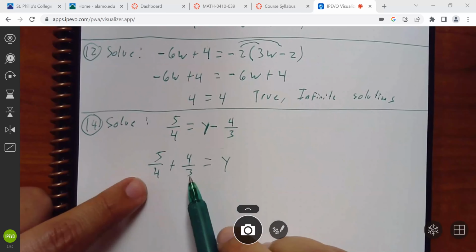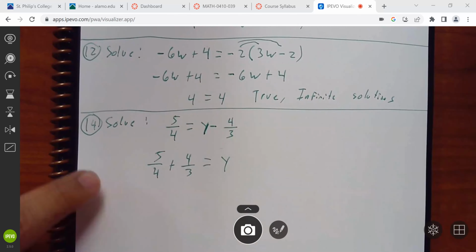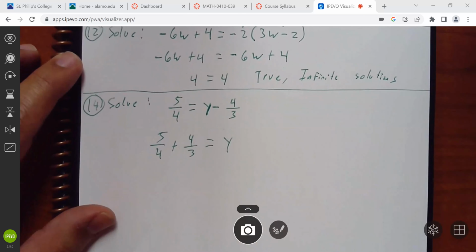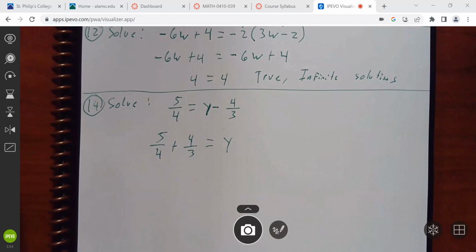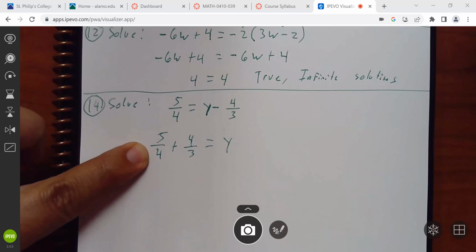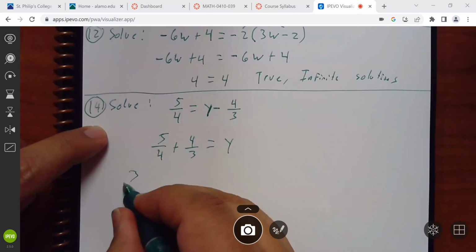So how do I add these? What's the LCD of 4 and 3? It's going to be 12. So what do I multiply the first fraction by to get a 12? 3/3.